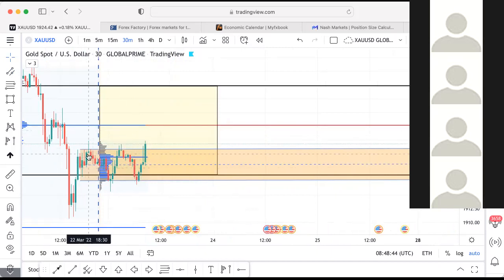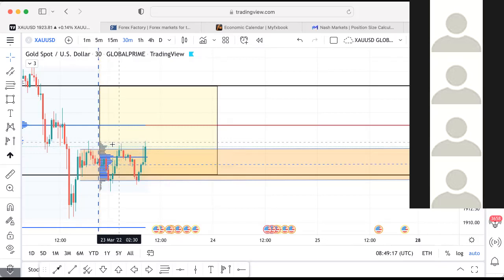Now, I've quite deliberately ignored these wicks above, because Anastasia the other day was talking about, well, both Paul and I and all the other live traders talk about price going on a stop hunt. So this could represent a stop hunt, money being taken by taking people's stop losses out.